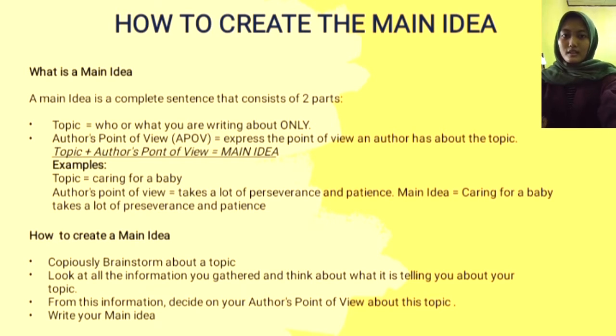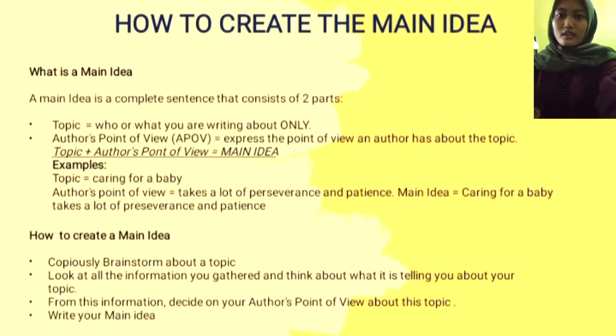How to create a main idea? The first is to copiously brainstorm about a topic. The second is to look at all the information you gathered and think about what it is telling you about your topic. The third is, from the information, decide on your author's point of view about this topic.